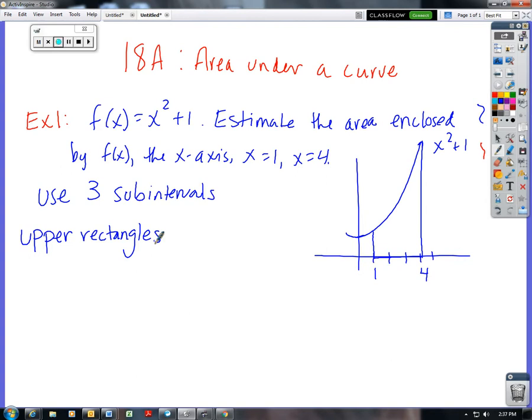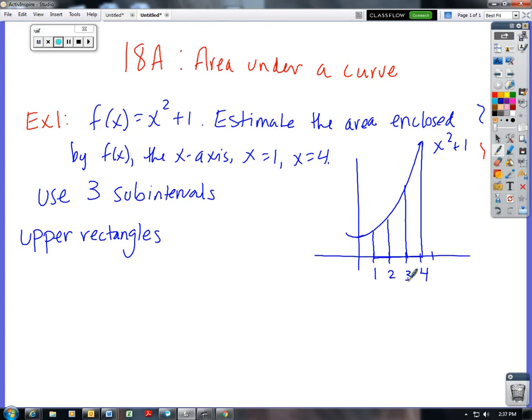You can see that 3 subintervals would be dividing the x-axis like so into 3. And if I want to use upper rectangles, that means that the rectangles are going to be larger than the region, upper being above.